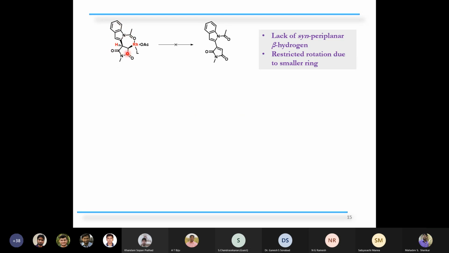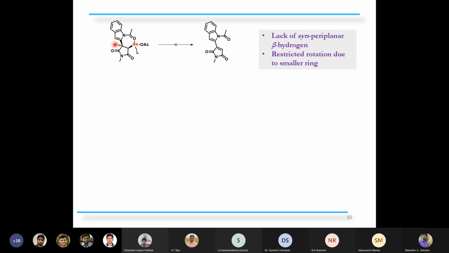intermediate, which is formed by the insertion of maleimide into the rhodacycle, the beta hydrogen is anti-periplanar with respect to this rhodium.